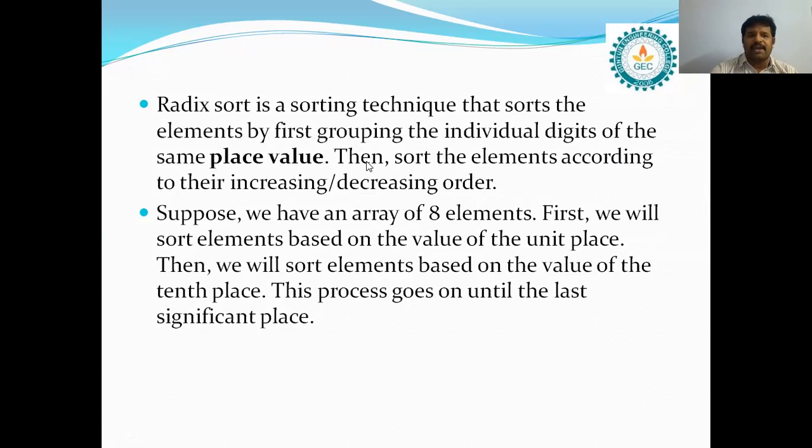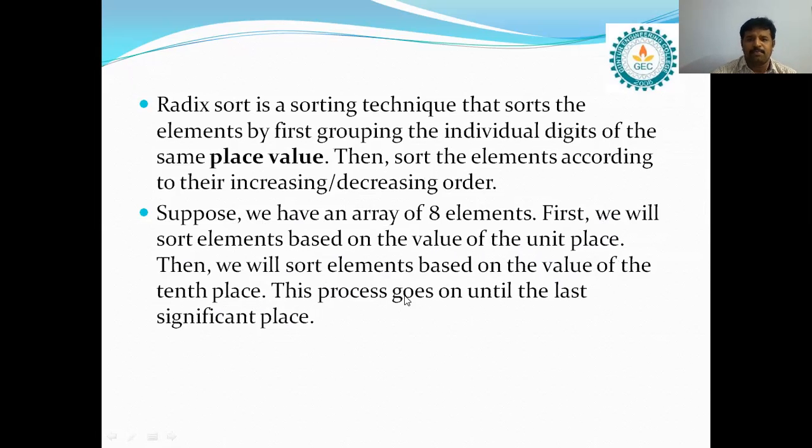Then the elements are sorted in increasing or decreasing order. Suppose we have an array of 8 elements. First we sort the elements based on the value of the units place, that is the ones place, and then based on the value of the tens place, and then based on the value of the hundreds place.